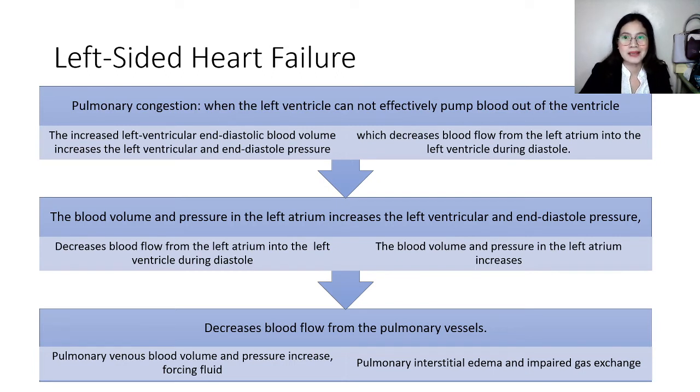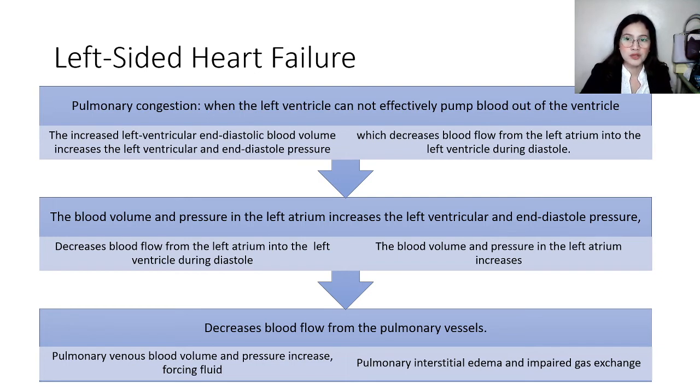So the increase in left ventricular end-diastolic blood volume increases the left ventricular end-diastolic pressure, which will then decrease the blood flow from the left atrium into the left ventricle during diastole. The blood volume and pressure in the left atrium increase, and this will also decrease the blood flow from the pulmonary vessels.